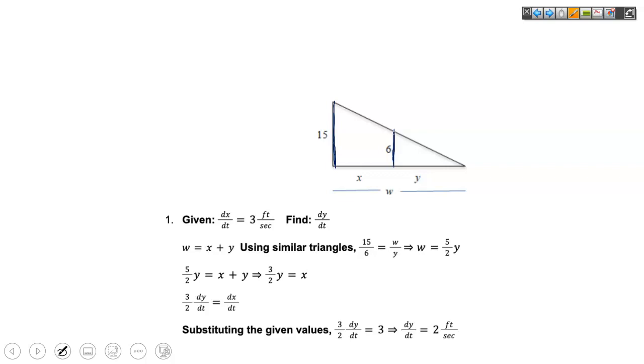My bases are x and y. So we want to make the shadow a different length than the lamppost, because if the shadow and the lamppost were the same variable, then we would end up losing them in our answer.